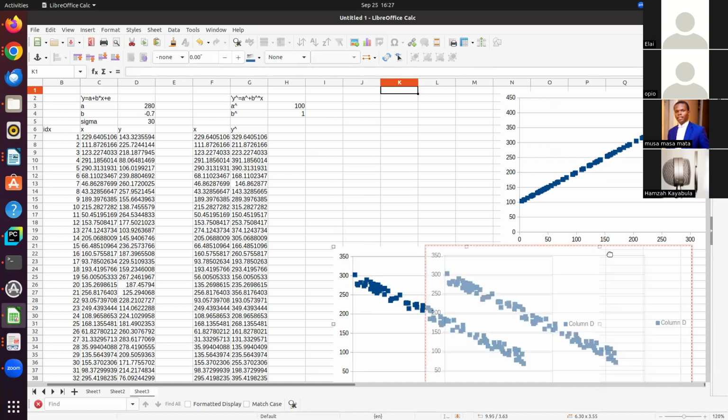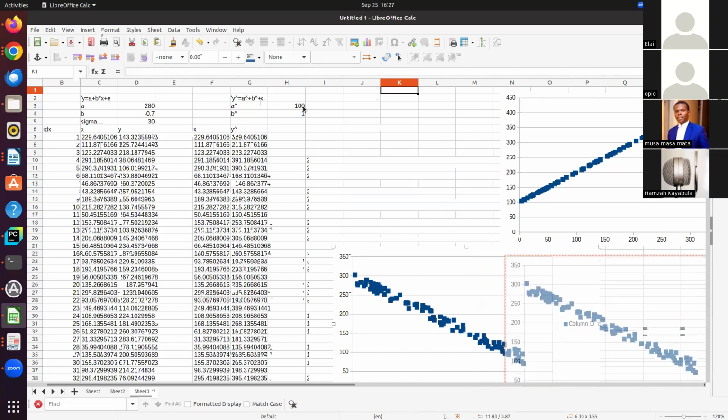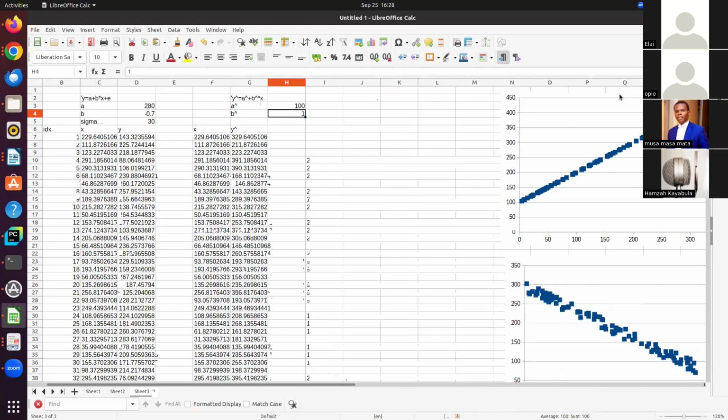How do we know that this one is not the right parameters? Because if you take the points here and compare them to the points here, they're quite far away.